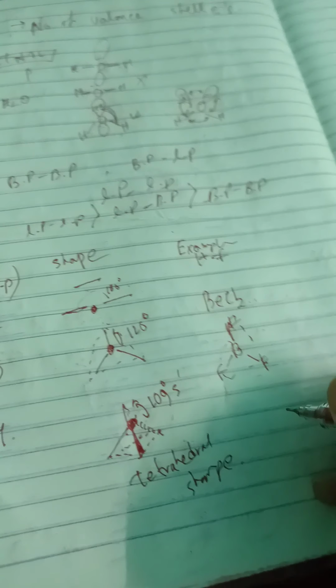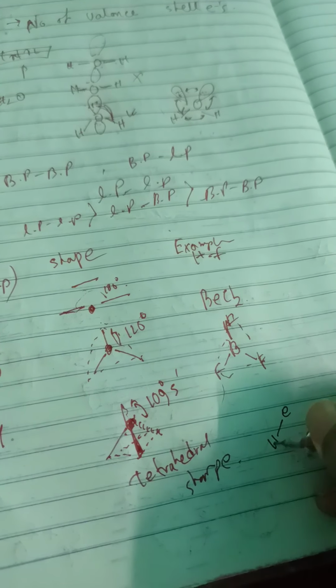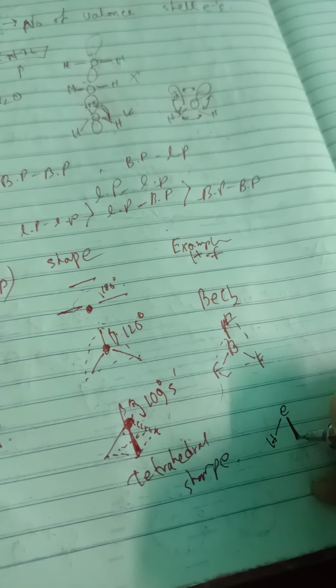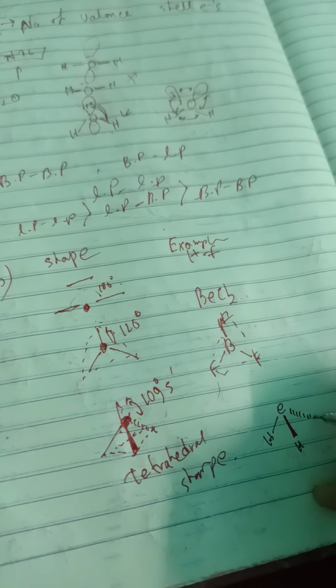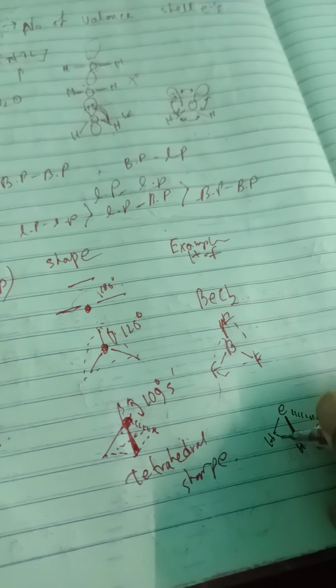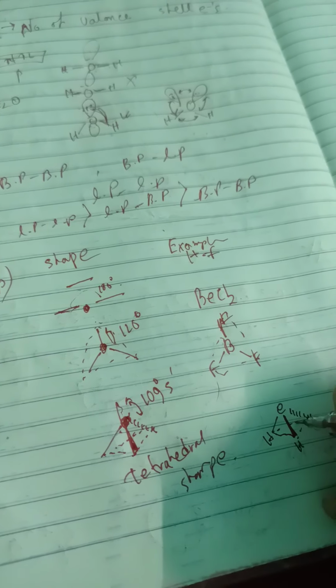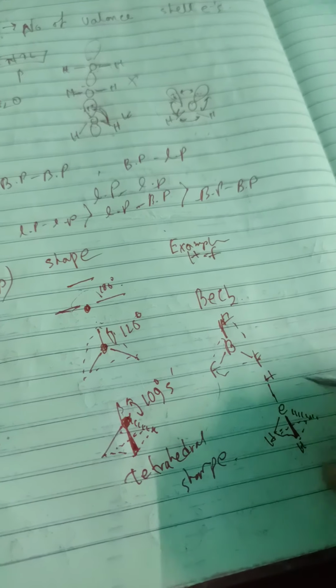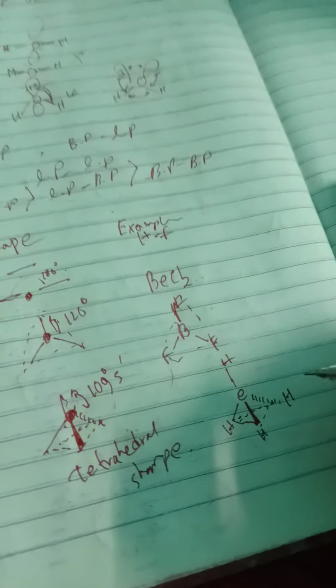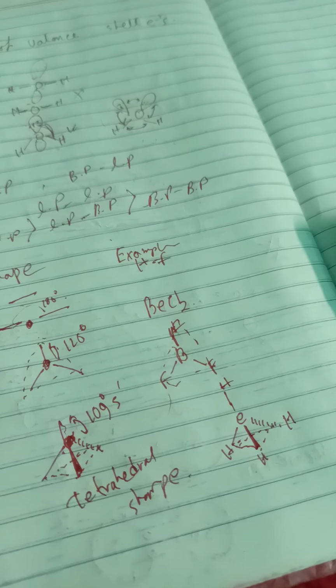Example, your CH4. So what is the shape of CH4? In your book the 3D shape is not there, like how I am drawing with a dark line or broken line. This is called 3D shape. So you can draw like this in the exam. So this is the shape of CH4. You see, it's called tetrahedral.